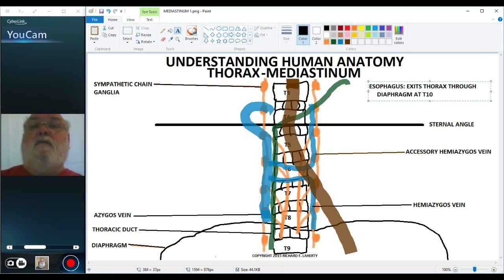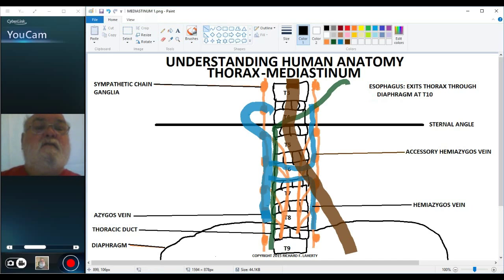And we'll draw a line over to the esophagus up here. So the esophagus exits at T10, goes through the diaphragm at the level of T10.